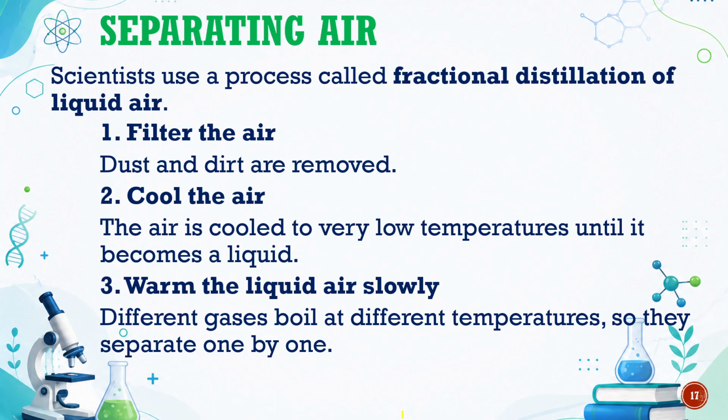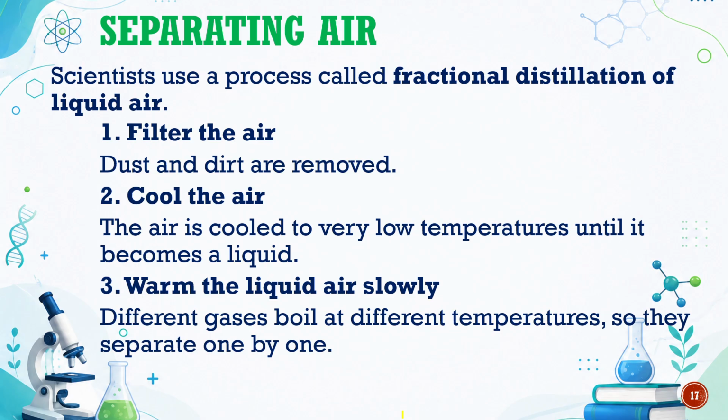This process is used to separate out the various gases which form air, which is eventually a mixture, right? Fractional distillation of liquid air is actually a physical process, and it is used to separate the original gases contained in the air.